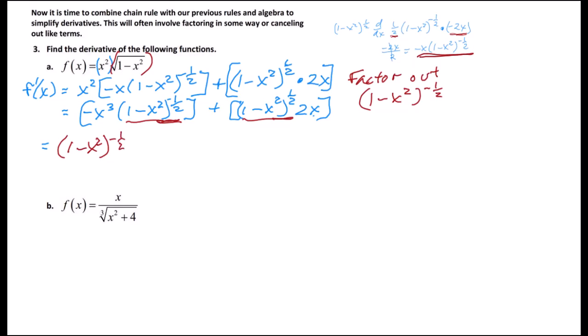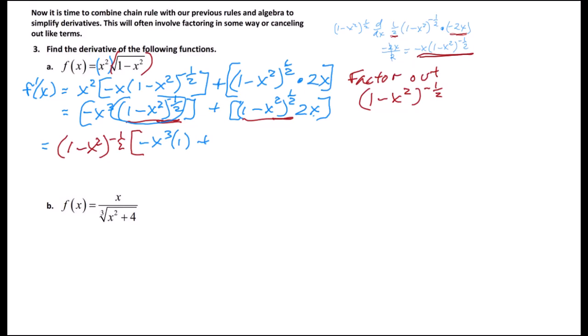What does that leave me? Well, for my first set of numbers here, I've still got my negative x cubed, but it's times what? Well, this thing that I just pulled out. So that's times 1, right? Because I just factored that out.